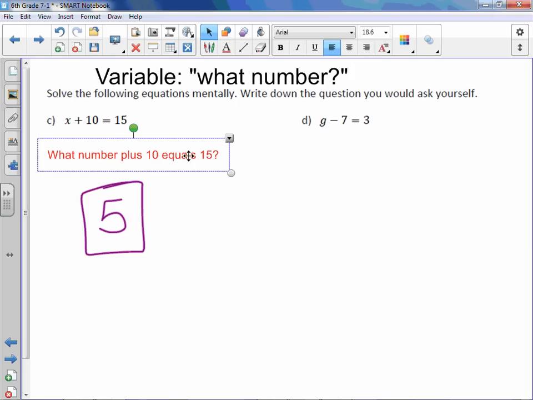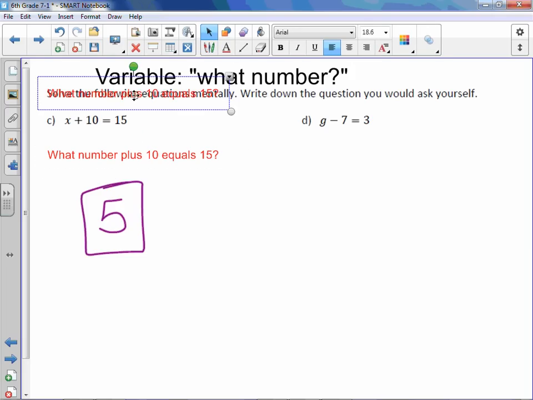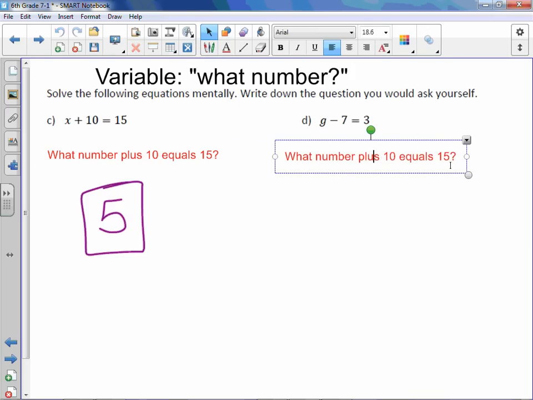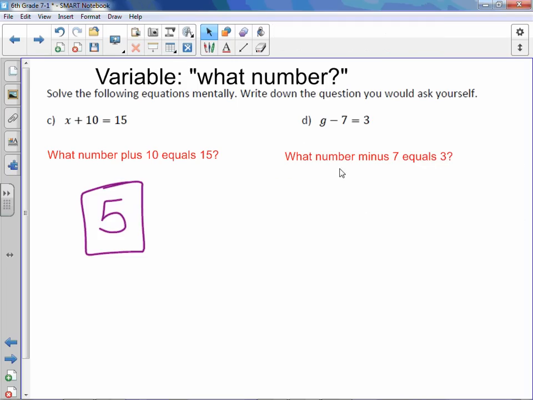Letter D. Our question is, again, wherever you see a variable, what number minus 7 equals 3, or is the same as 3? Or a number decreased by 7 equals 3. Something minus 7 equals 3. What could that number be?